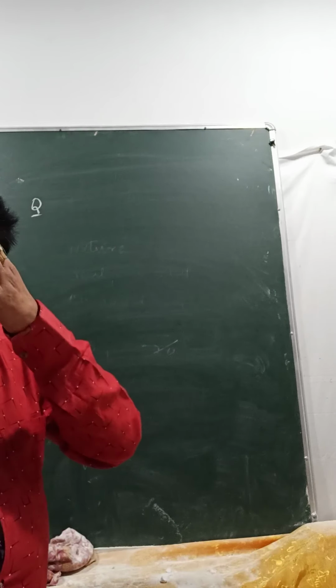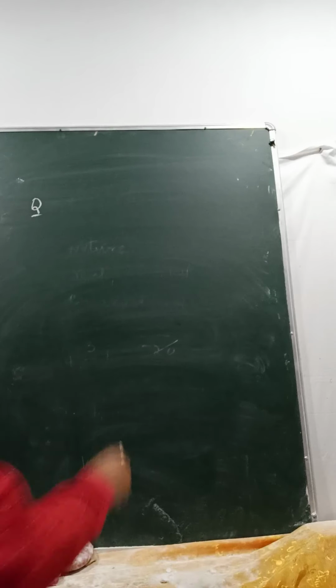Question is, a concave lens has a focal length of 30 centimeter.